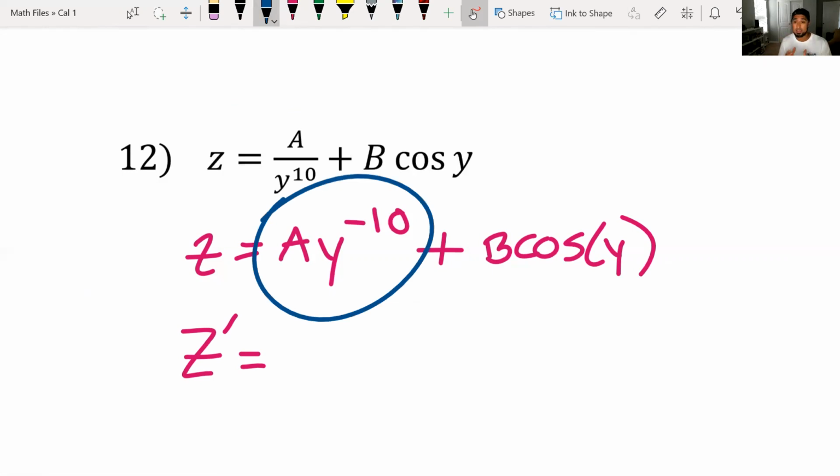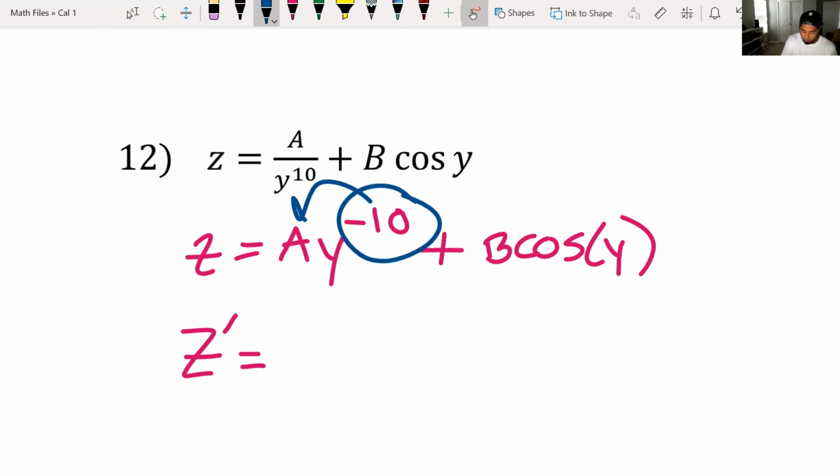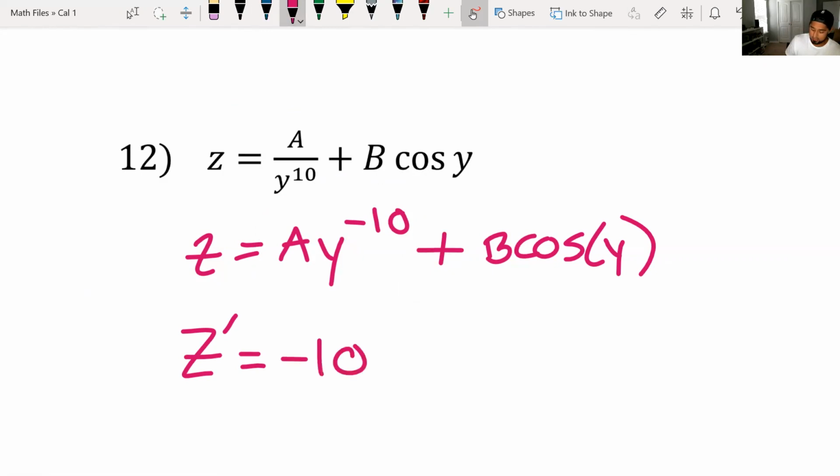Okay, and now let's take the derivative, and for the first one, it's power rule. And for this problem, see a and b as coefficients. So you'll treat them as coefficients, which means that when you take the derivative, this negative 10 will multiply the a. So we will get negative 10a times y, take 1 away from negative 10, and you'll get negative 11. Then the derivative of b cosine y, again, b, just treat it as a coefficient.